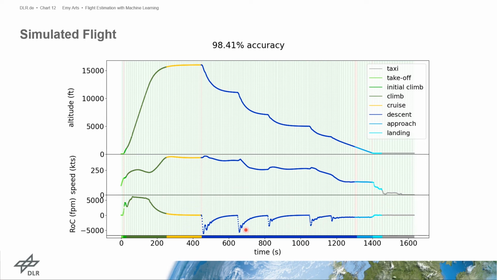But also the overall transitions are much smoother, and there is much less noise than what would occur in an actual ADS-B flight. Now, overall, the flight phases are identified very well, and we hypothesize that if the model were to be trained with real flight data, the results would transfer well to the real ADS-B data.